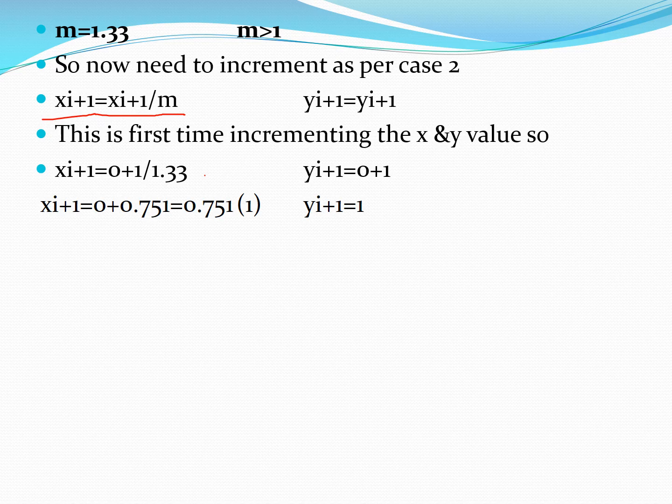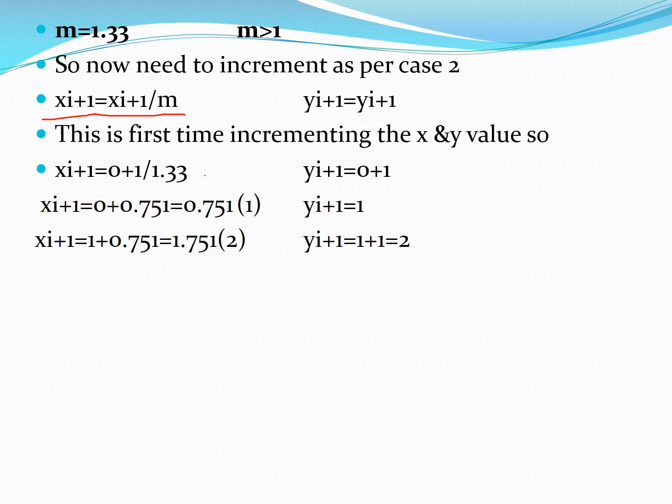So if we consider this xi plus 1 value as 0.751, it acts as the previous, meaning the initial value, for the next pixel. Means we get the next pixel value, that is xi plus 1 equals xi plus 0.751.